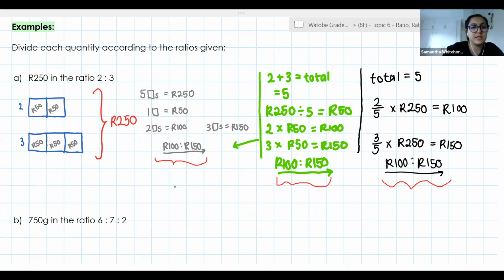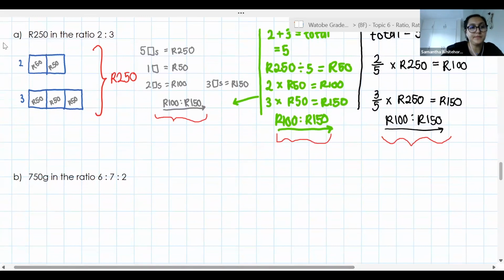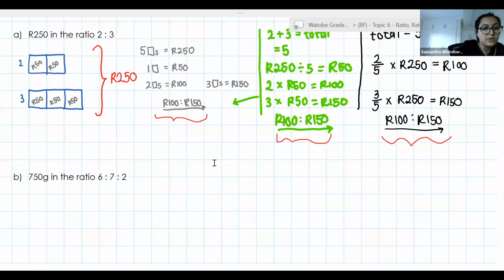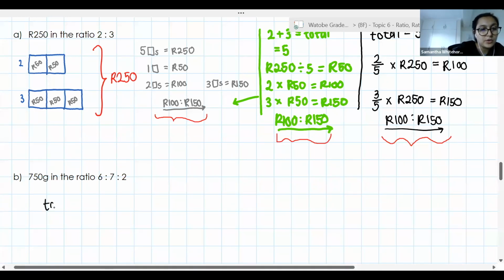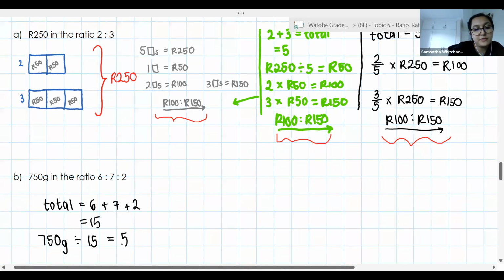Right, just to save some time, I'm going to go through this one. So again, your choice of how you choose to do it. We know that the total that we are working with here is the 6 plus the 7 plus the 2, which gives us 15. So we now want to take our 750 grams and divide it by the total, giving me 50 grams per part.